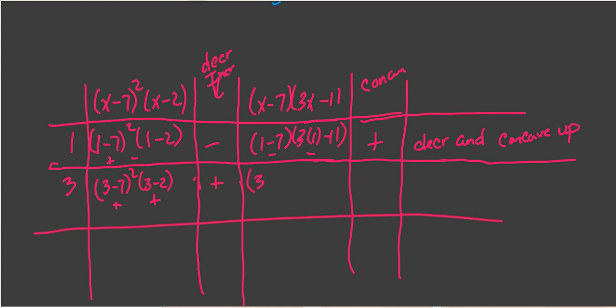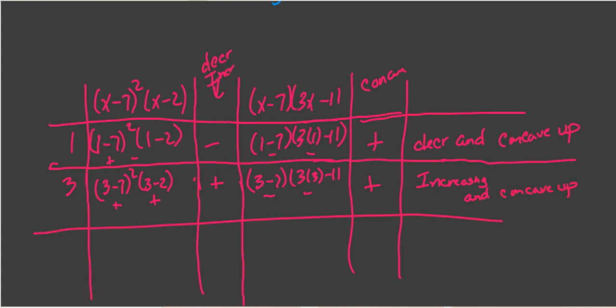And then if we do 3 minus 7 times 3 times 3 minus 11, that is a negative times a negative, which gives us a positive. So in this case, this will be increasing and concave up.